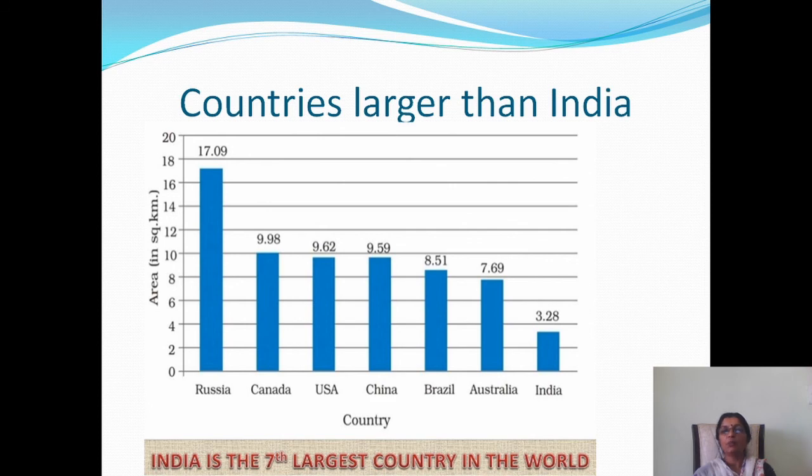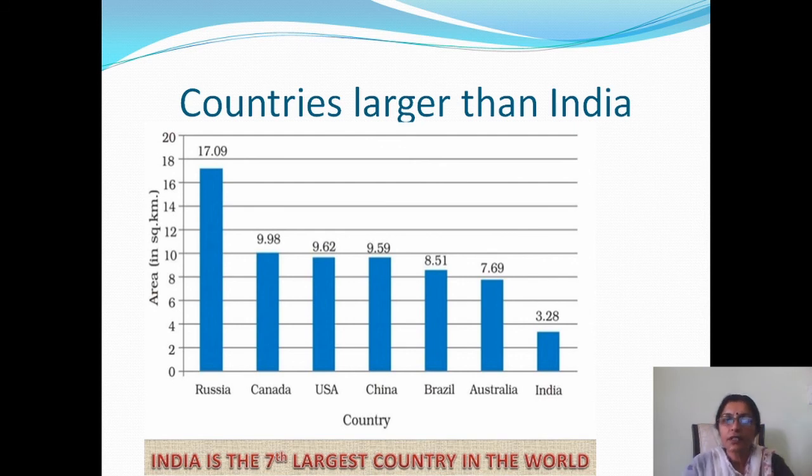USA 9.62 million square kilometers. China 9.59 million square kilometers. Brazil 8.51 million square kilometers, Australia 7.69 million square kilometers, and India 3.28 million square kilometers.